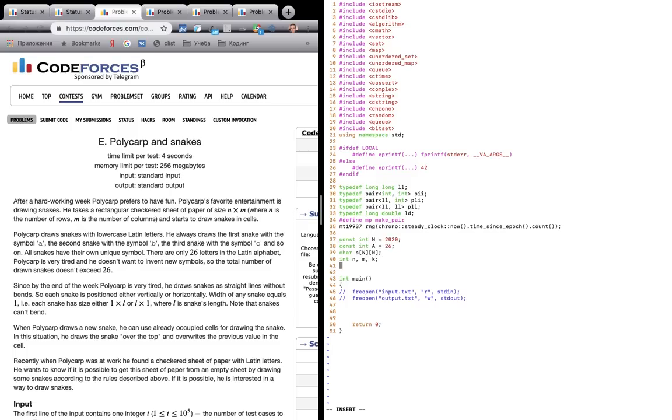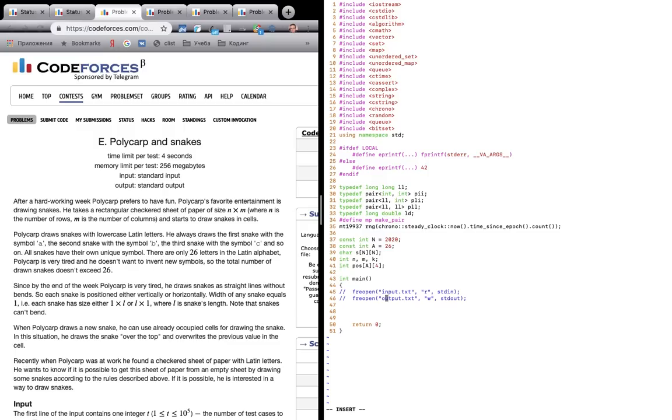Okay, this will be the number of segments used. So here, for each letter, remember its upper left and down right symbols.